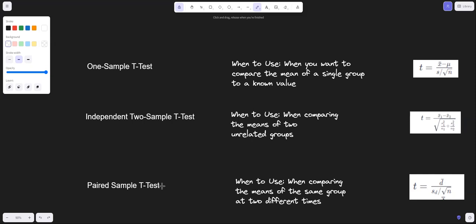So comparing India's mean height with the mean height of the class is what a one sample t-test is.